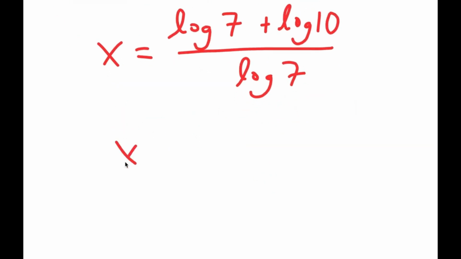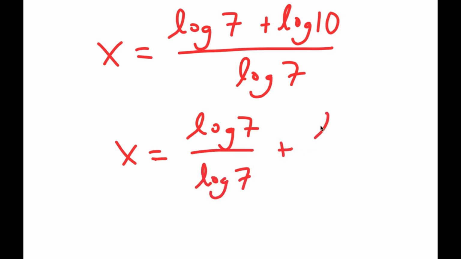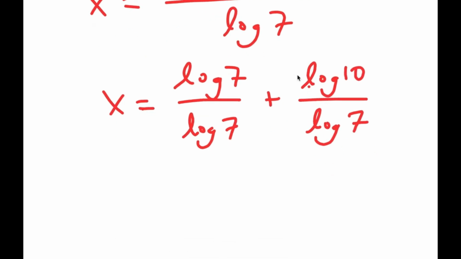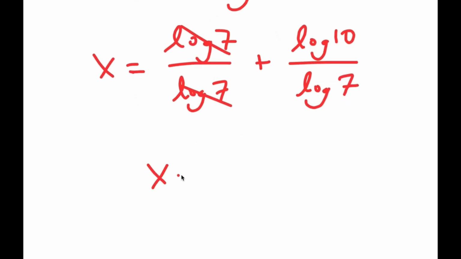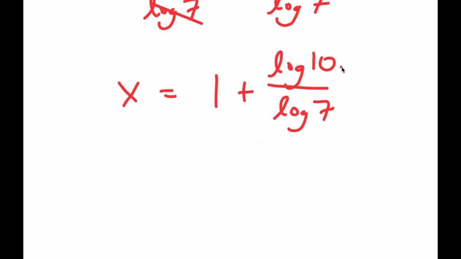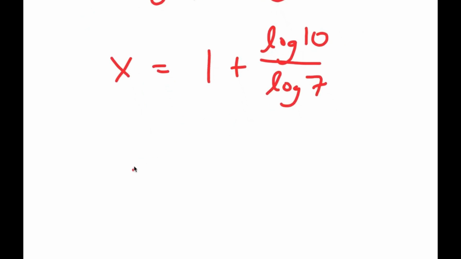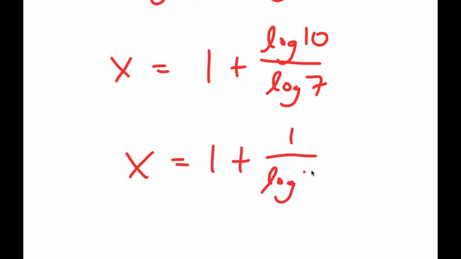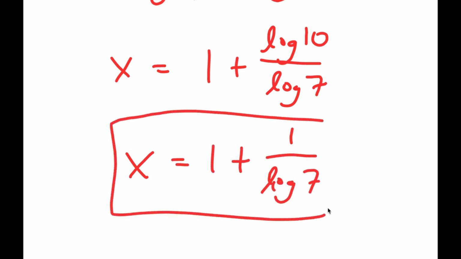And I can rewrite this as log 7 over log 7 plus log 10 over log 7. Now log 7 and log 7 cancel out, so I get x is equal to 1 plus log 10 over log 7. And if you guys didn't already know, log 10 is actually equal to 1. So now I get x is equal to 1 plus 1 over log 7. And this is my answer.